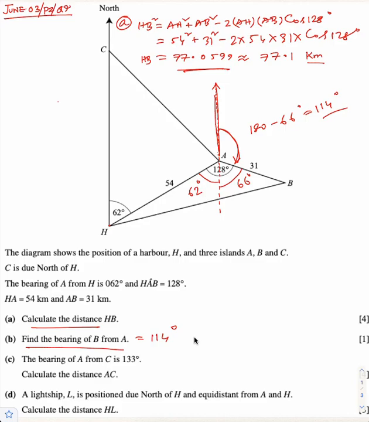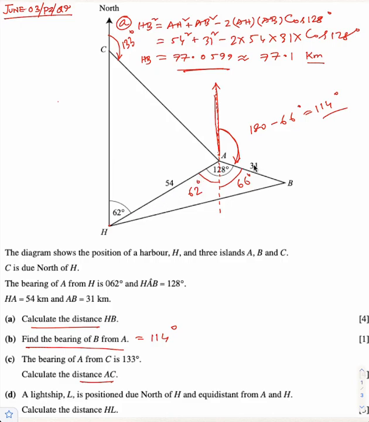Okay, now C, the bearing of A from C. So at C already the north direction is this, so we have to find out this angle now. Okay, how to do that? Calculate the distance. Oh no, it is given, sorry, it is 133 degree bearing given, which means the bearing of A from C is 133 degrees. Calculate the distance AC.